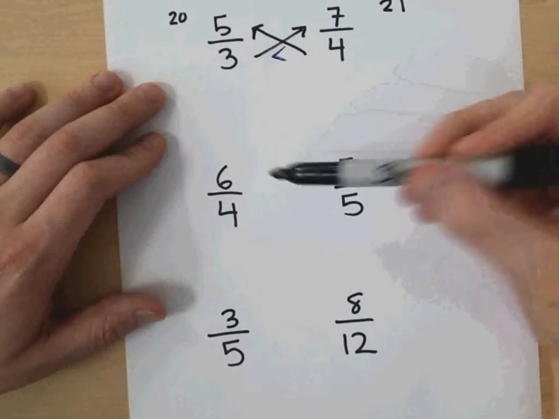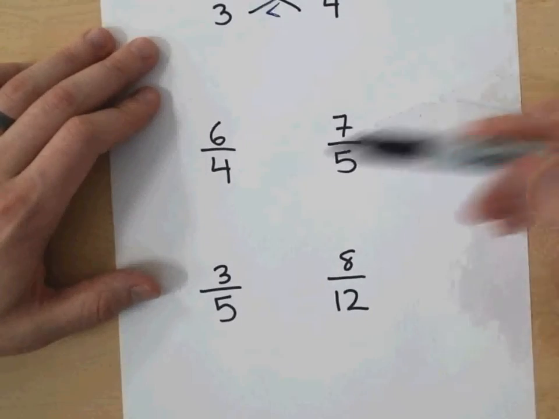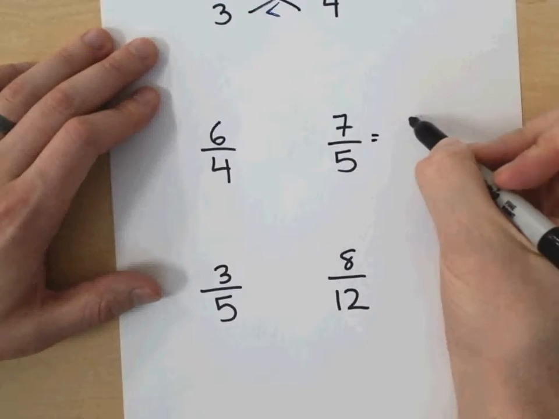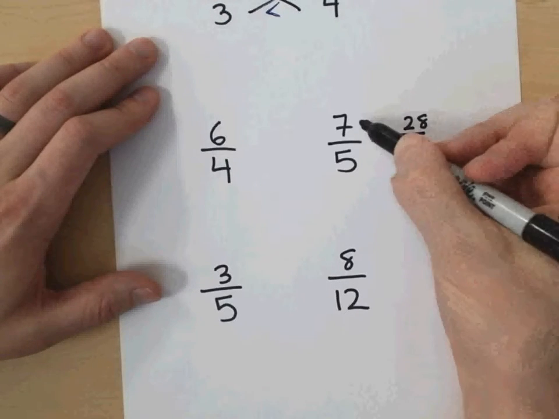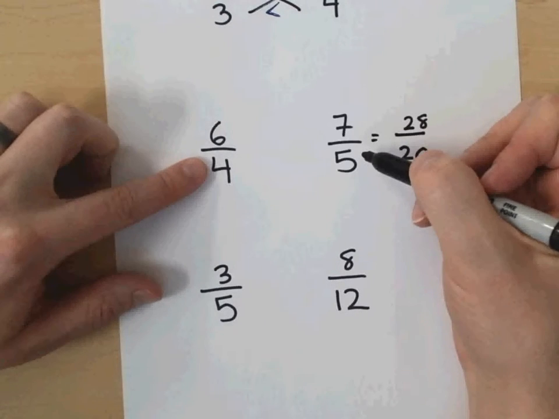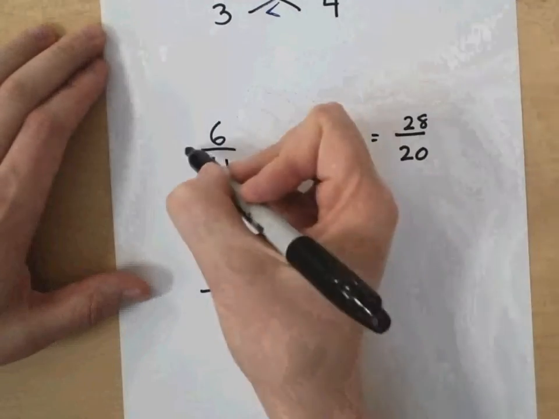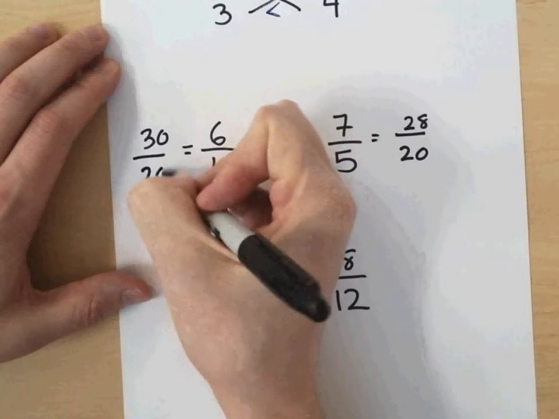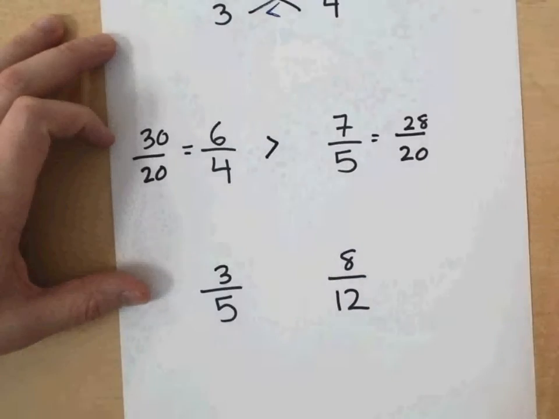A couple more times here, same thing. Down here we're going to do the same thing. We have improper fractions. 4 times 7 is equal to 28/20. We're really just multiplying this numerator and denominator by 4, and then we're multiplying the other numerator and denominator by 5, so this turns into 30/20, and 30/20 beats 28/20.